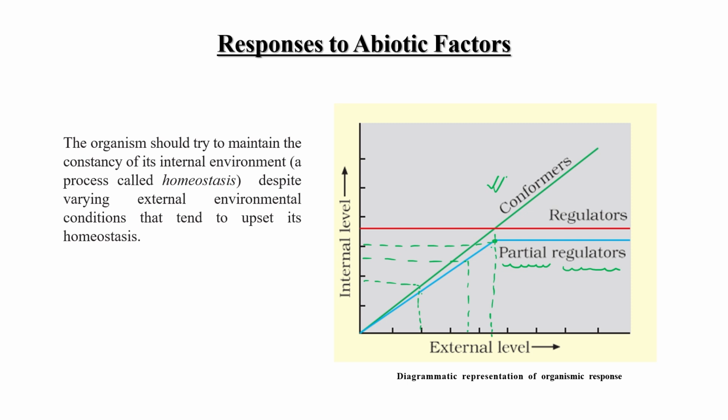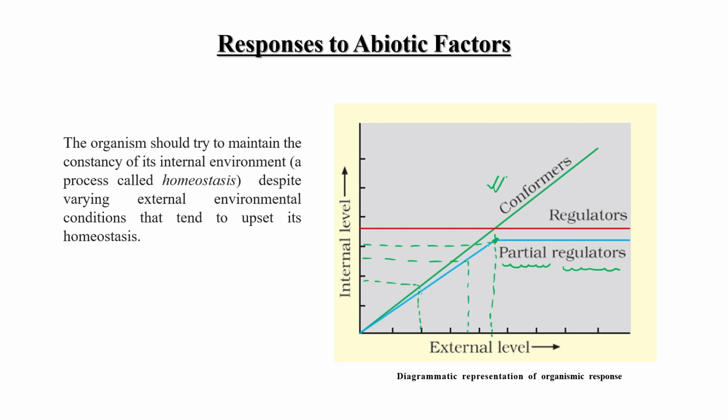But after a limit, they are not able to keep increasing their body temperature according to the environment. At that time they just stop increasing their internal body temperature and adapt themselves to the changed environment, like a lizard.